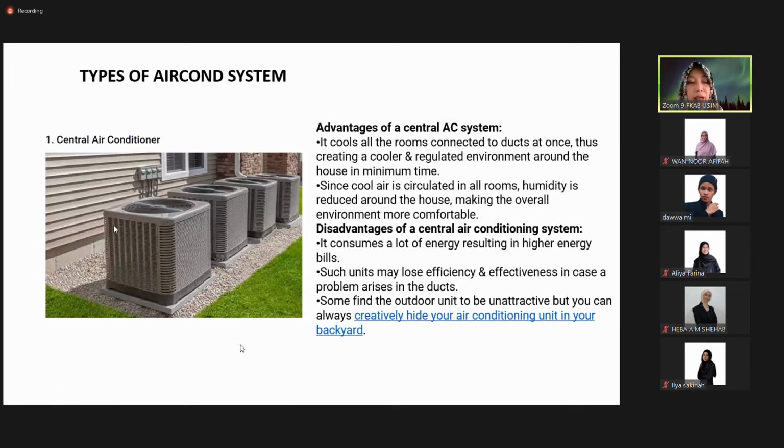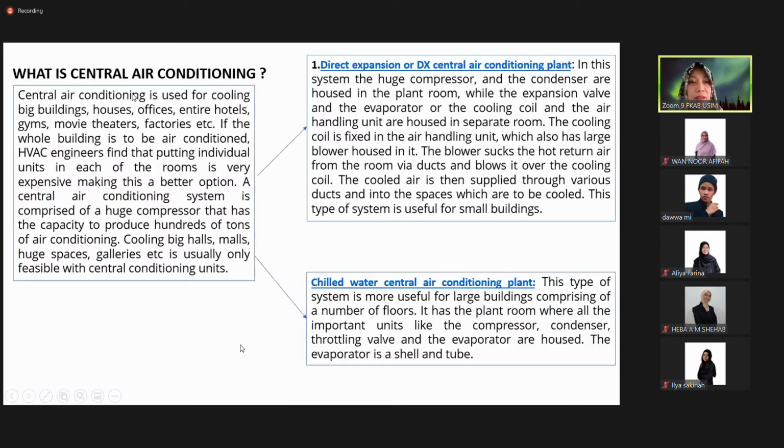Apa dia central air conditioning? What is central air conditioning? Central air conditioning is used for cooling big buildings. Biasanya this is going to be controlled by apa dia? So read this one.